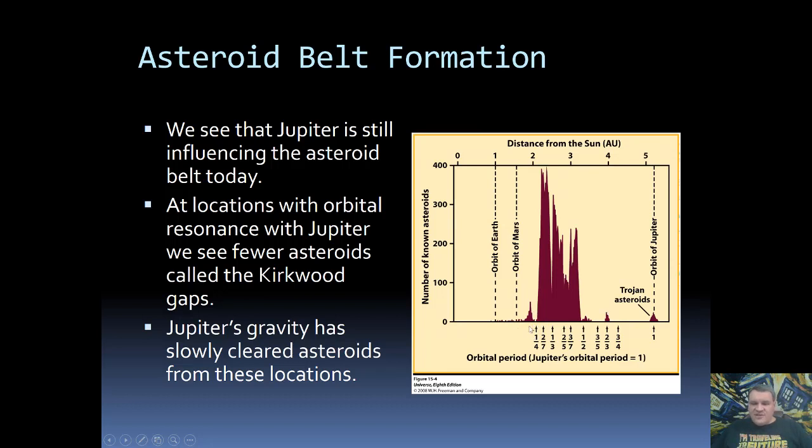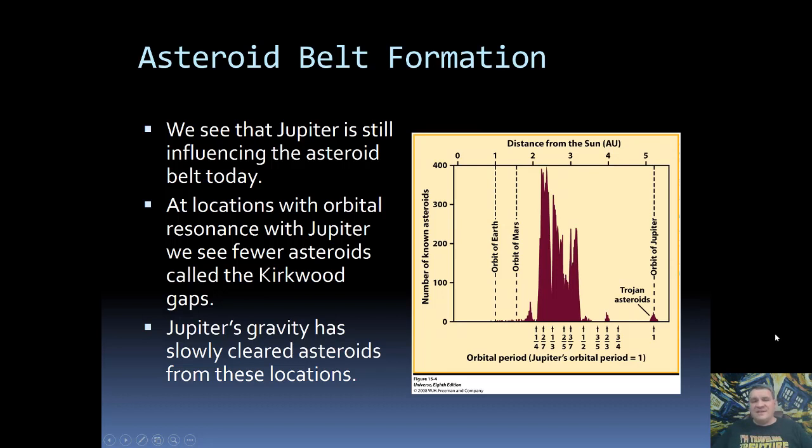Notice that there are some regions where we have a huge drop in the number of asteroids. These regions are referred to as the Kirkwood gaps, named after the astronomer who realized they were there. What is interesting is that each of these Kirkwood gaps corresponds to a region of an orbital resonance with Jupiter.